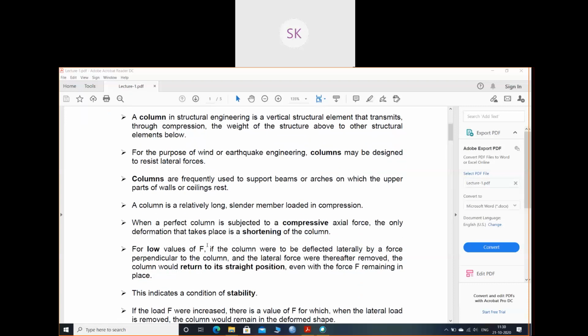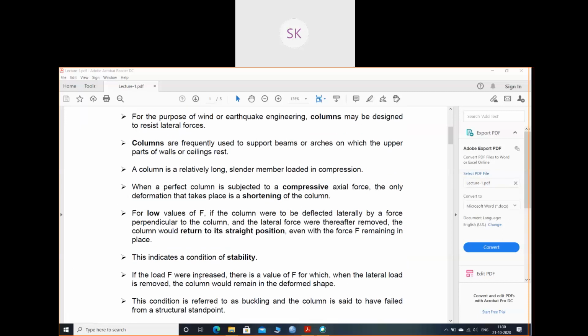For low values of F, that is the load, if the column were deflected laterally by a force perpendicular to the column and the lateral force were thereafter removed, the column would return to its straight position, even with the force remaining in place. This indicates a condition of stability. So read this line carefully.